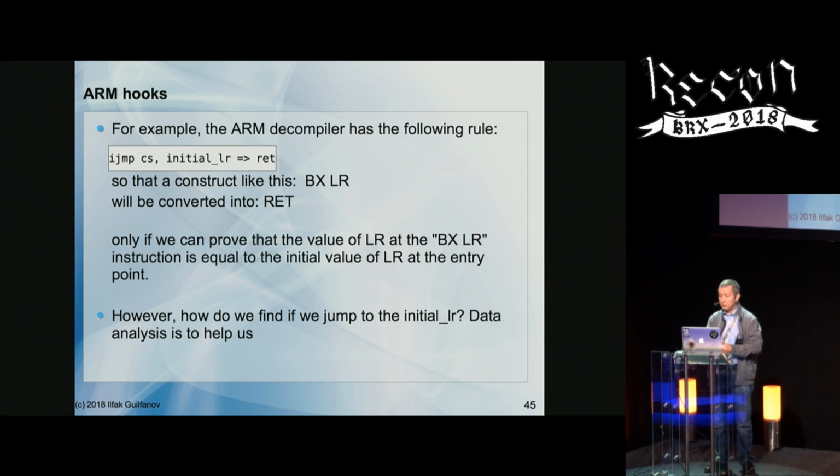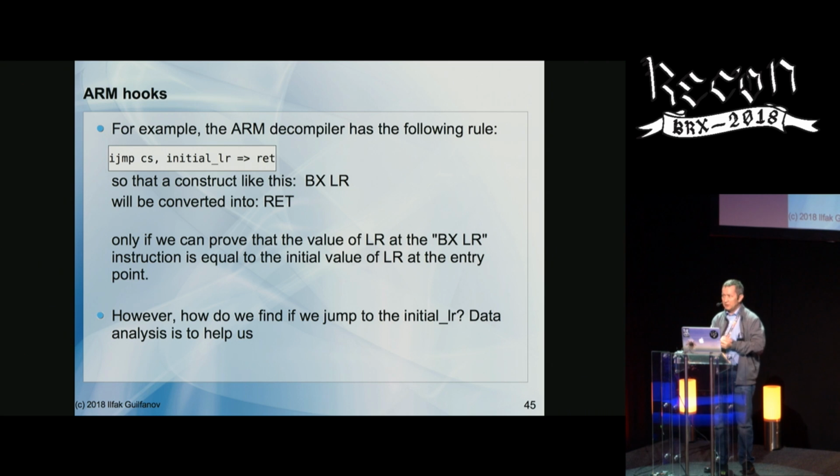But to apply this rule, we have to prove that the LR value at the indirect jump is exactly the same as we had at the entry point. And this is the task of the rule to prove that. And in fact, the proof is quite simple.